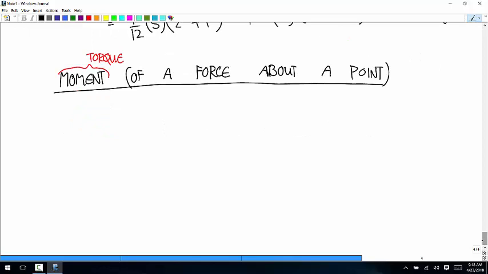And to define moment, we have to give one mathematical definition, and that is the cross product.